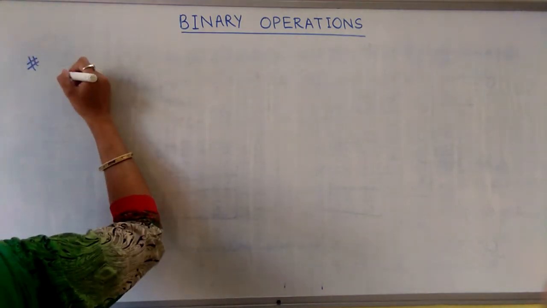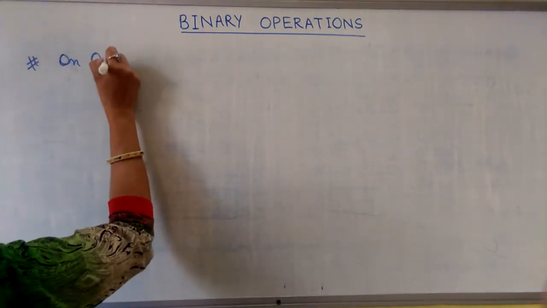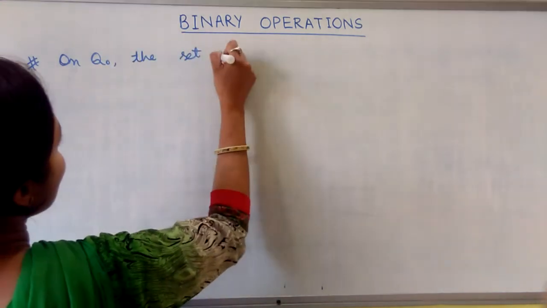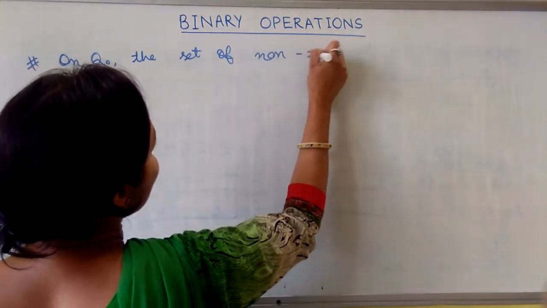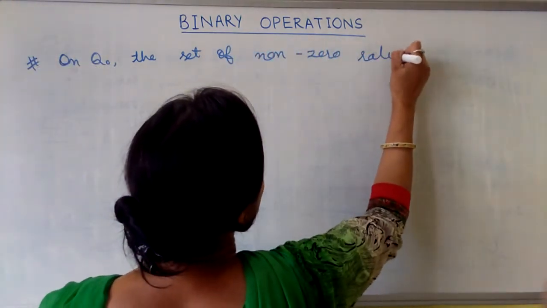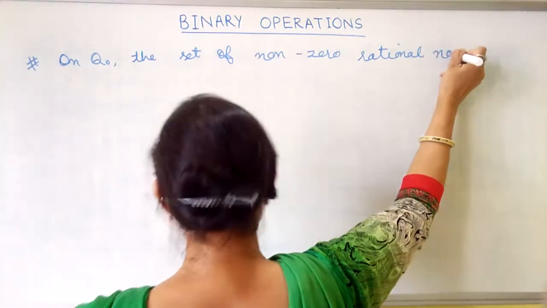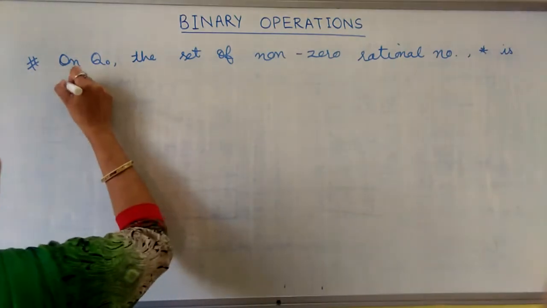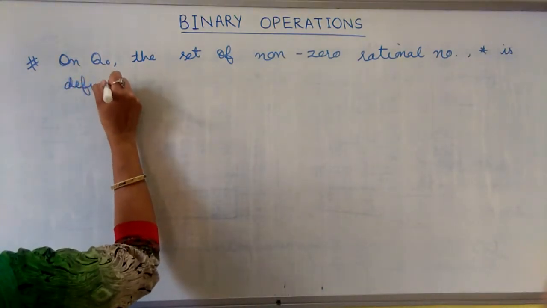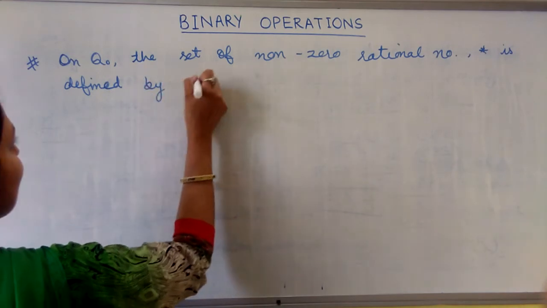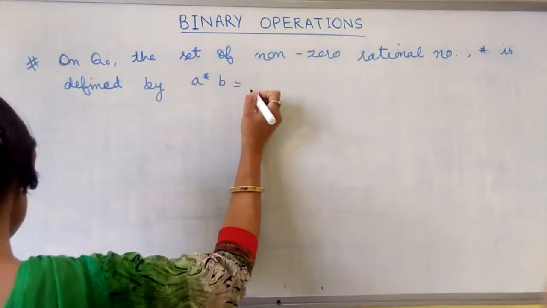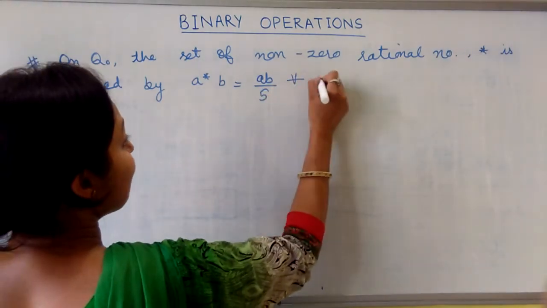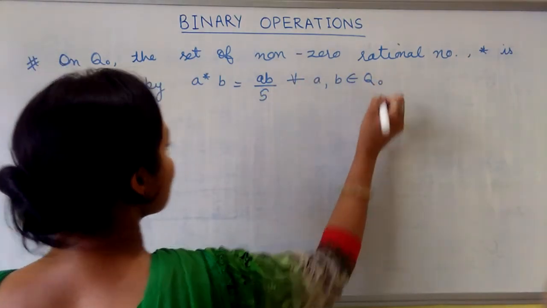The question is on Q naught, the set of non-zero rational numbers. Star is defined by A star B is equal to AB divided by 5, for all A, B belonging to Q naught.